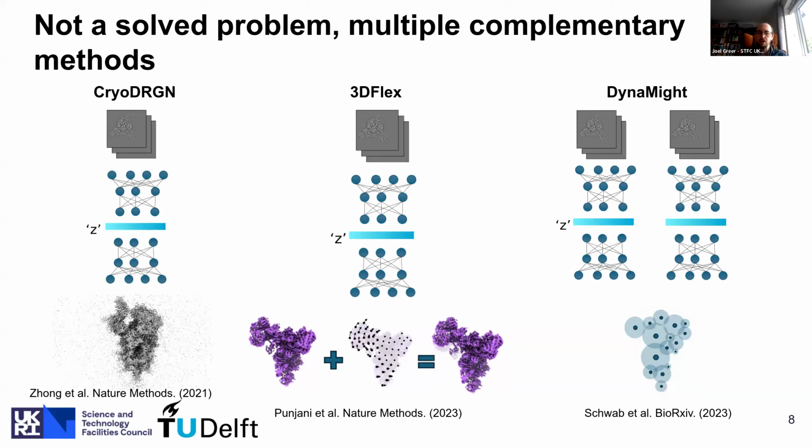This method is designed to deal, once again like 3D Flex, with continuous conformational heterogeneity rather than compositional heterogeneity. One notable feature is that it trains two separate variational autoencoders on independent half sets of your particle images. This allows it to give you an estimate of the error in the deformation field projection that it makes.